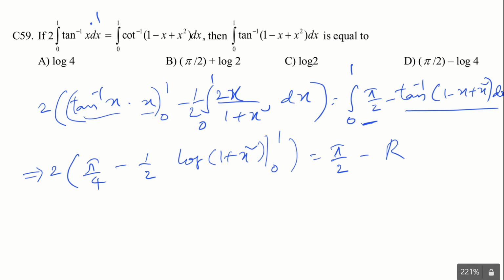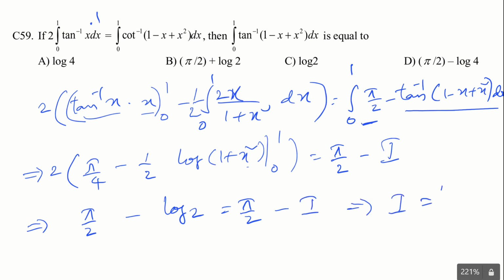Let me write I, required integral. So you are getting pi by 2 minus, for upper limit this is log 2, for lower limit it is 0, is equal to pi by 2 minus I. So from this I have I is equal to log 2. Let's go to next problem.